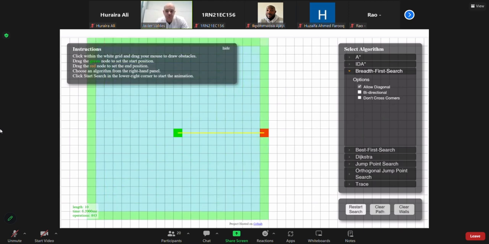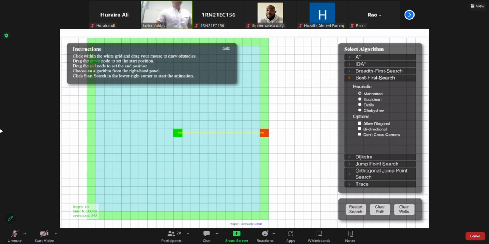There's an improvement. Let's look into best first search, and now with different distance metrics.